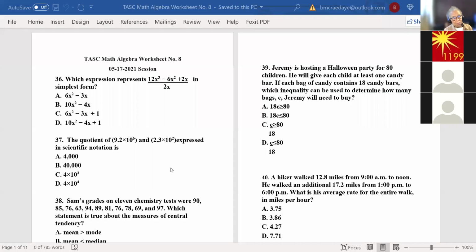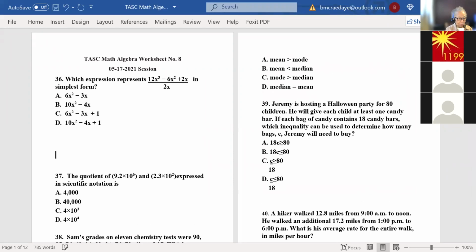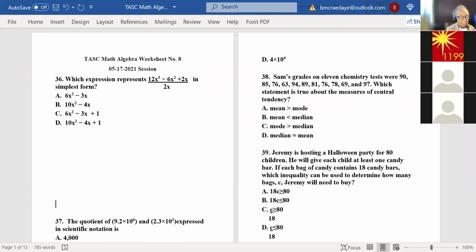You don't have this one. But I am confident you can do this one. Okay, let's do our worksheet number 8. Let me give you a chance to look at it and tell me how you would solve it.